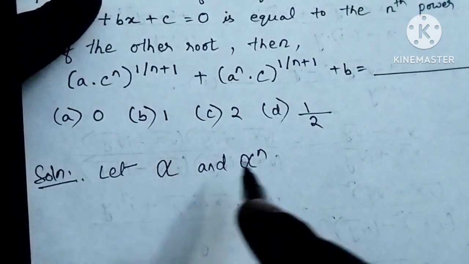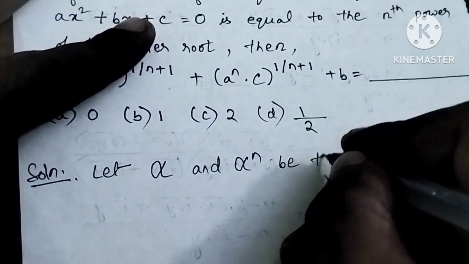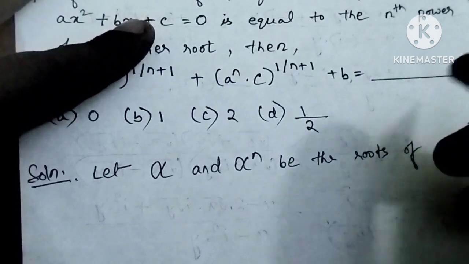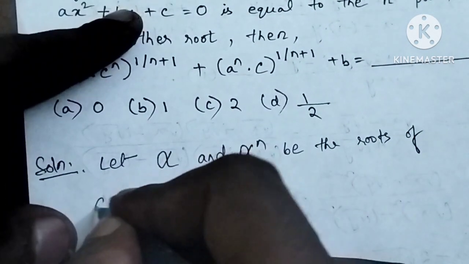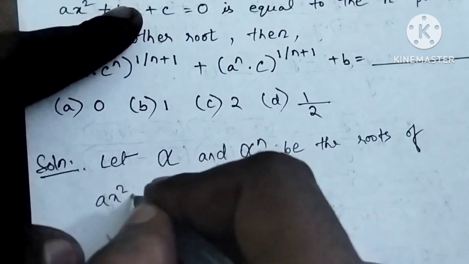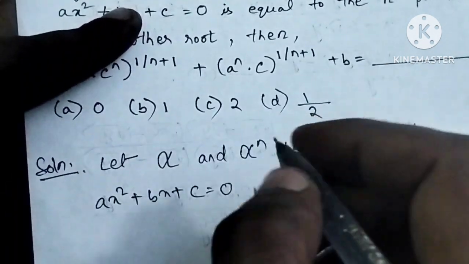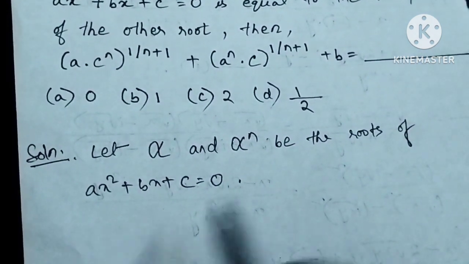So let alpha and alpha to the power n be the roots of ax square plus bx plus c is equal to 0.